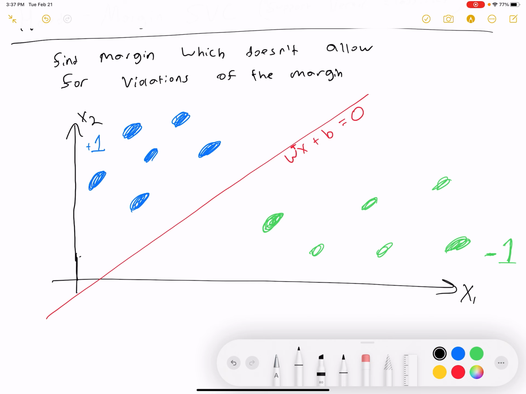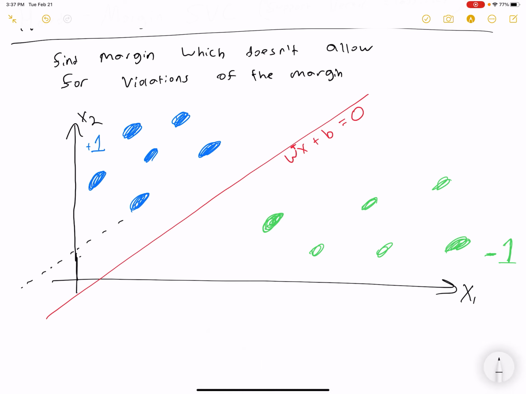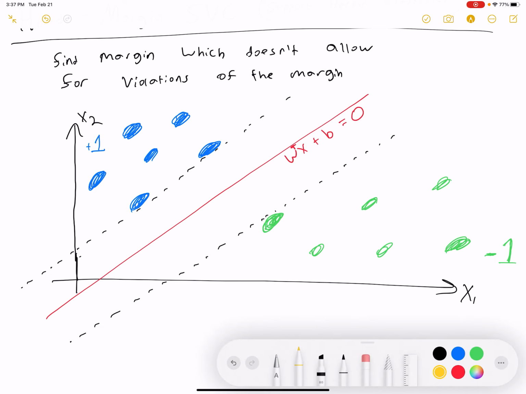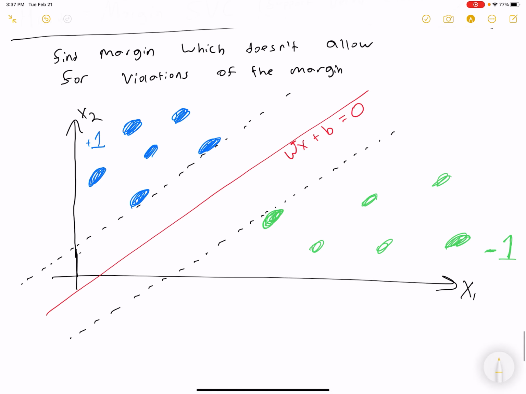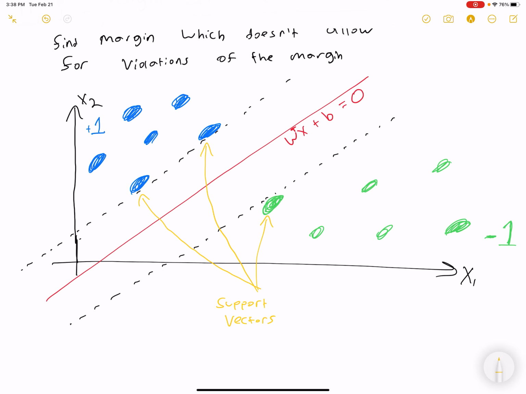And we want to then have margins at important points which are closest to the separating line, which are called our support vectors. So that point and that point are all our support vectors because they're what support the decision of the separating boundary. I assume that's why they named it that.